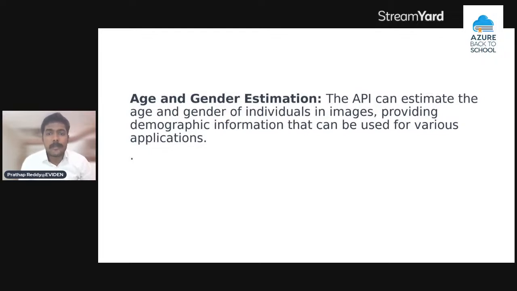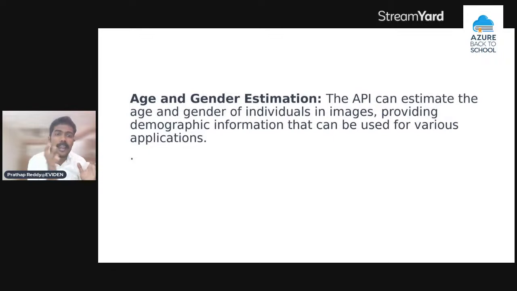The API can estimate the age and gender of individuals in images, providing demographic information used for business applications. For example, I completed my 10th in some year, and I have photos from that year. I keep updating, so my face, my hair, and my style keep changing. In my school days I didn't have a mustache, and my hair was very cute.